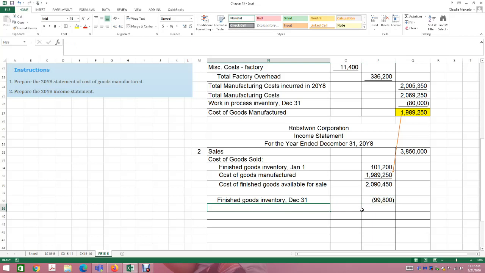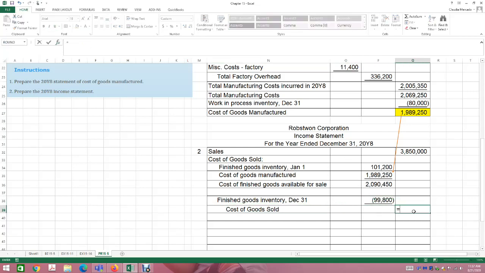I can go ahead and calculate my cost of goods sold. Your cost of goods sold is basically going to be your cost of finished goods available for sale minus your 99,800.